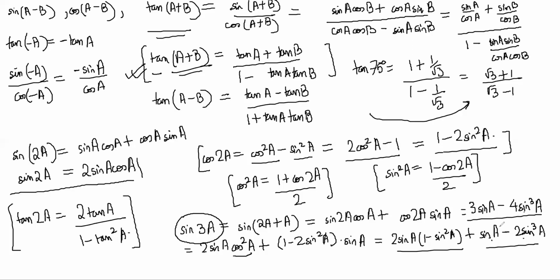Okay. So then we will get also cos 3A. Cos 3A, you can do the same thing again. It becomes cos 2A cos A minus sin 2A sin A, right? I will try to express cos 3A in terms of just cosines.